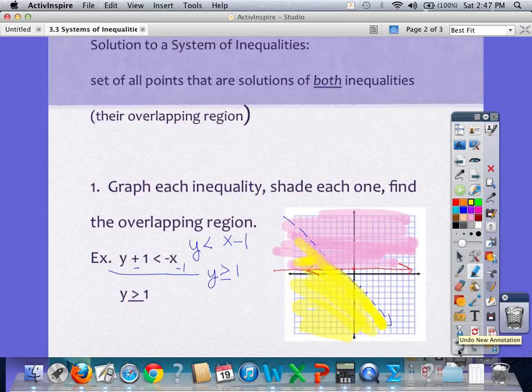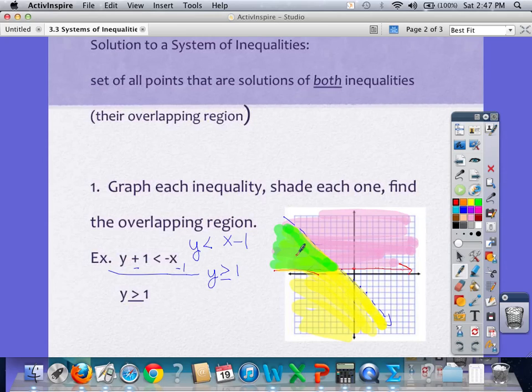So it's going to be this region in here. This region is where all the solutions will be for these two inequalities, because the horizontal line was shaded above and this one was shaded below. You can pick any point in here and plug it into your inequalities and it will work. It's an ordered pair, so you plug in your x and your y. This is your overlapping region. This will be your answer.